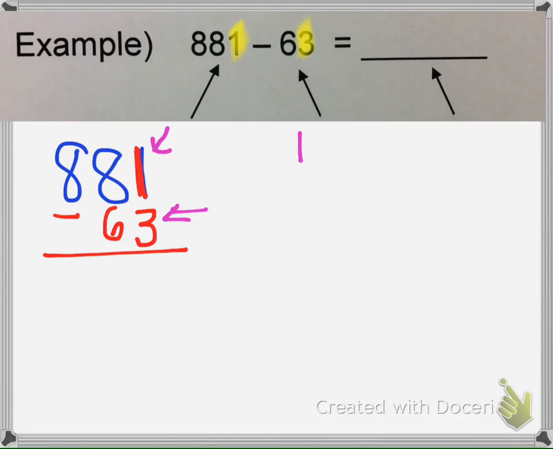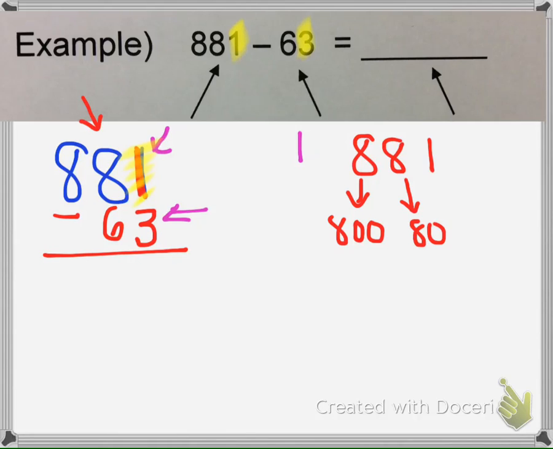Okay, since this 1 here is not larger than 3, we're going to have to borrow 1 from next door, from the 8. Now remember, in section 1.2, we talked about how in 881, this represents the hundreds place, this represents the tens place, and this represents the ones place.